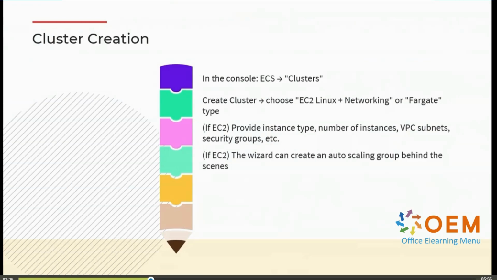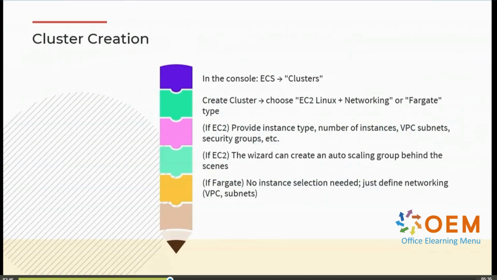For EC2 clusters, the creation wizard can automatically set up an auto-scaling group, and the ASG ensures that your desired number of EC2 instances are maintained and can automatically scale the number of instances up or down based on predefined policies. And when choosing the Fargate launch type, the process is significantly simpler regarding compute management.